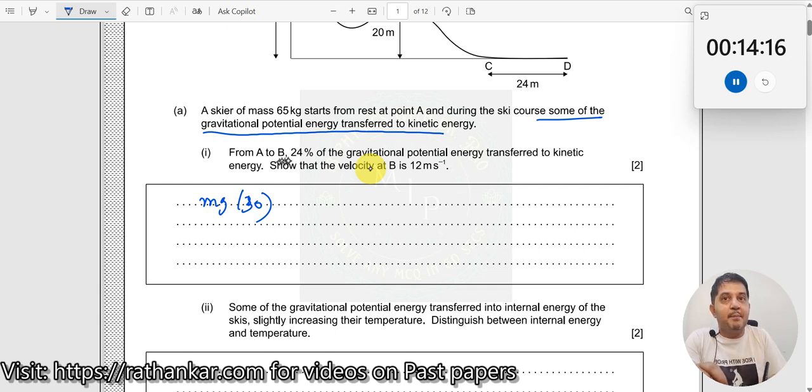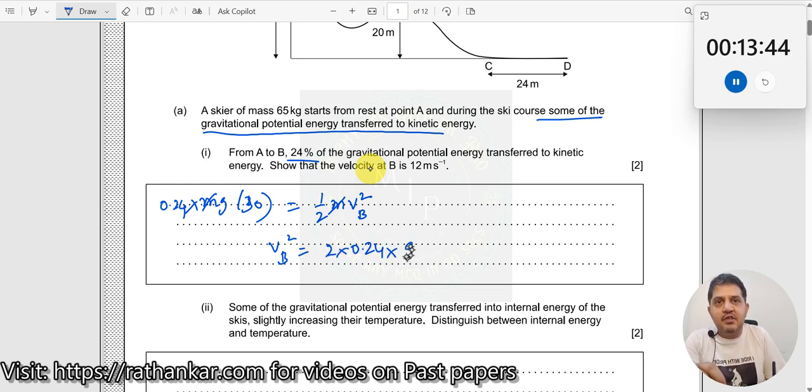But the problem says only 24% of the potential energy lost is converted to kinetic energy, which means I multiply this by 0.24. This amount is converted into kinetic energy. What is kinetic energy? Half mv squared. This gives me the speed of the skier at point B. I cancel the m on both sides, so I get Vb squared equals 2 times 0.24 times g times 30.